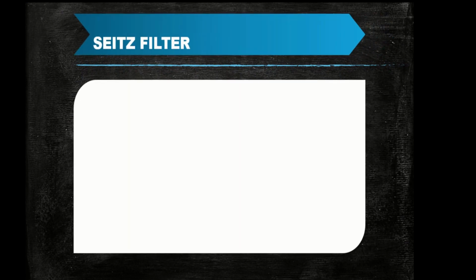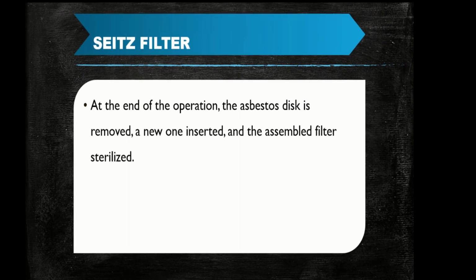Now in the Seitz filter, at the end of the operation, the asbestos disc is removed and a new one is inserted and the assembled filter is sterilized. The whole filter is sterilized. That's why the disc once used, you have to remove it and discard it.